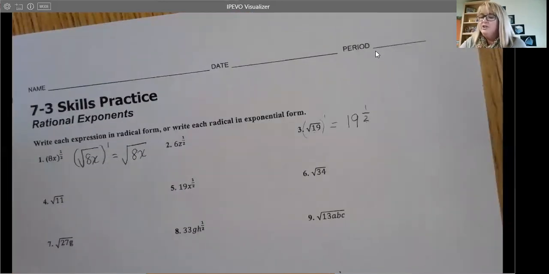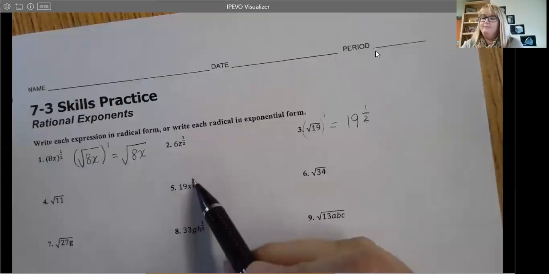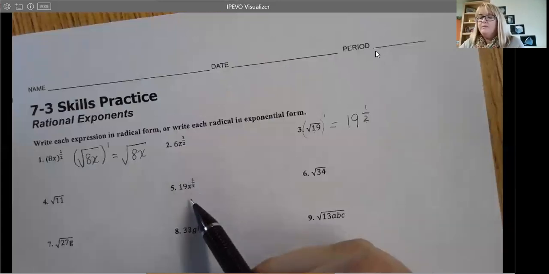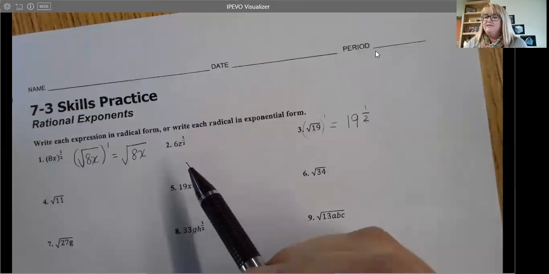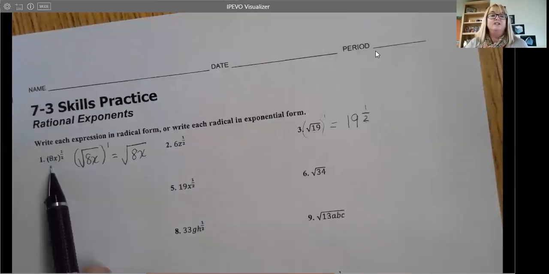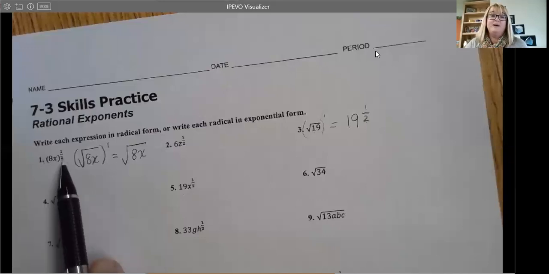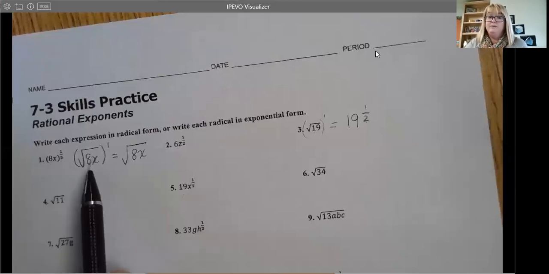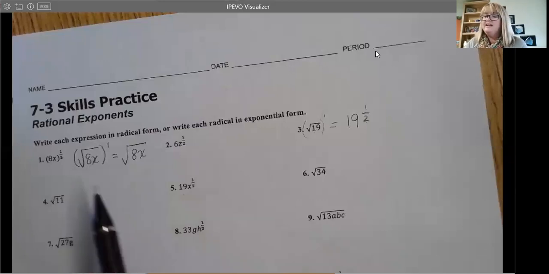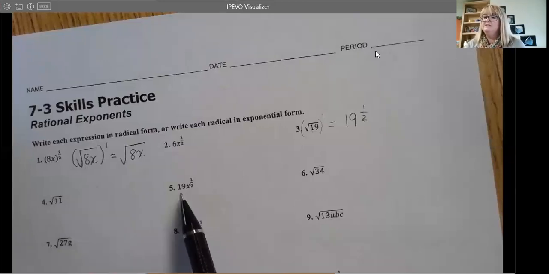19x to the 1/2 power. One thing I want you to understand is 5 and 1 are different. Because 8x is in parentheses raised to the 1/2 power, that is what we are going to put in the square root, in the root. This one's different. 19 is not part of this.